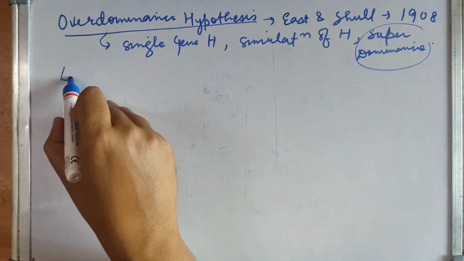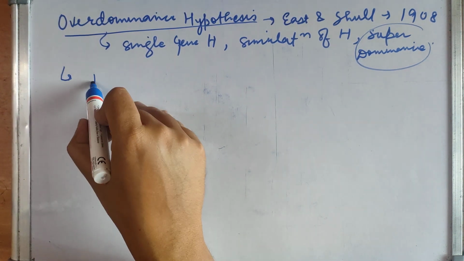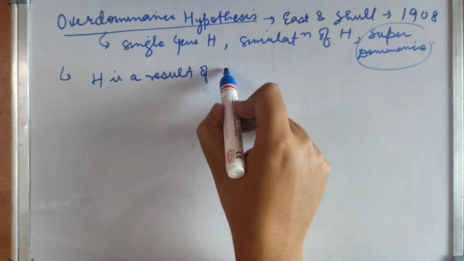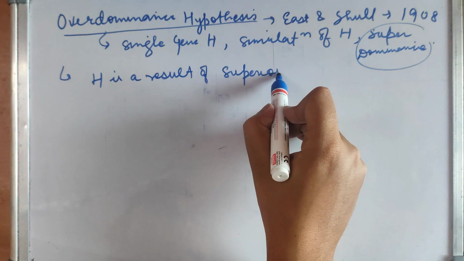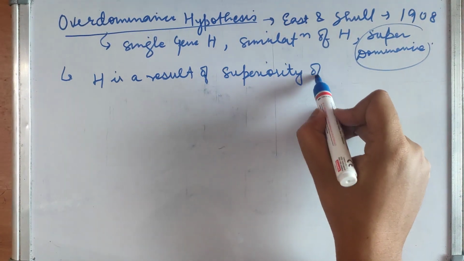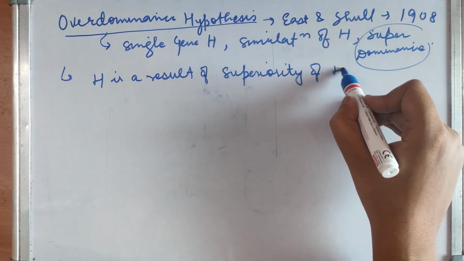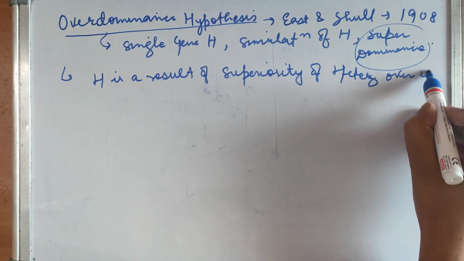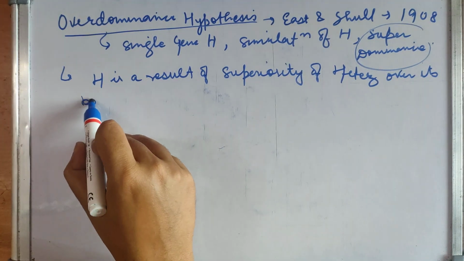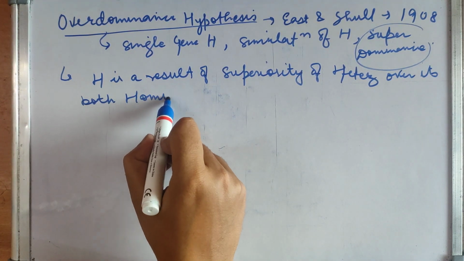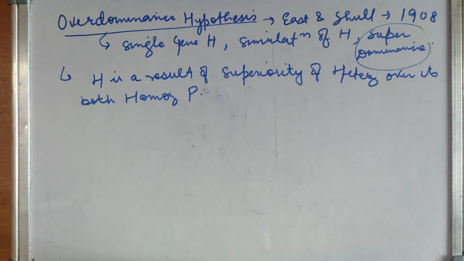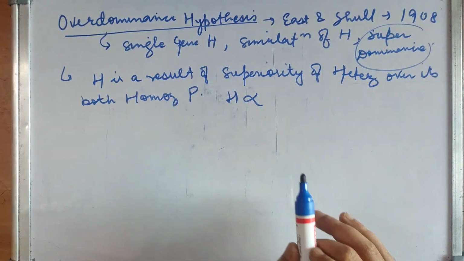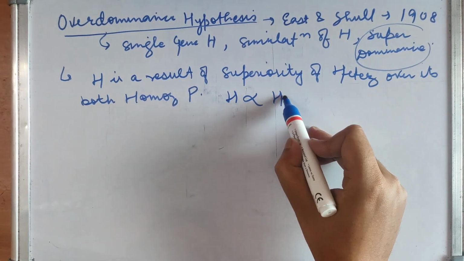So what happens? According to this, heterosis is a result of superiority of heterozygotes over both of their homozygous parents. Thus heterosis is directly proportional to heterozygosis.